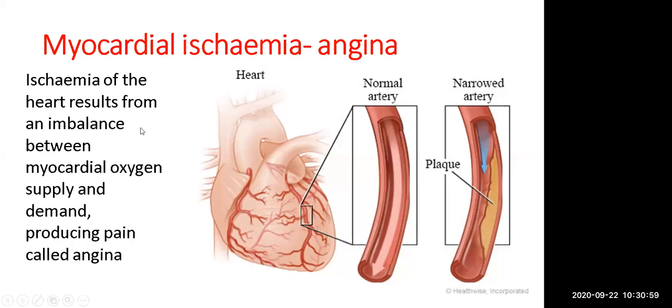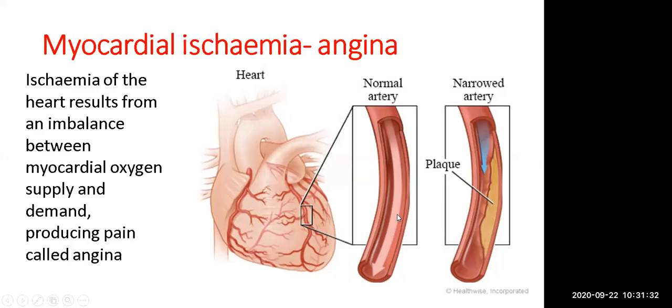Look at this: imbalance between myocardial oxygen supply and demand. Do you remember when we talked about the vasculature of the heart? I said we have coronary arteries that supply the heart, and these arteries can also have a problem. This is the normal artery. This is the lumen.